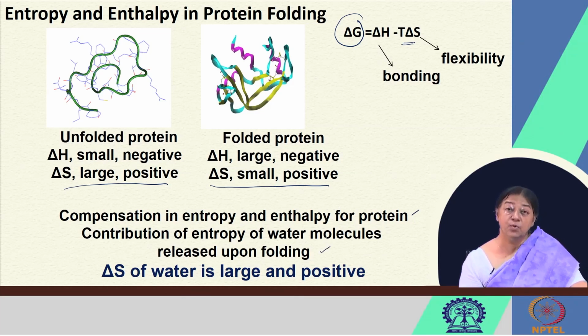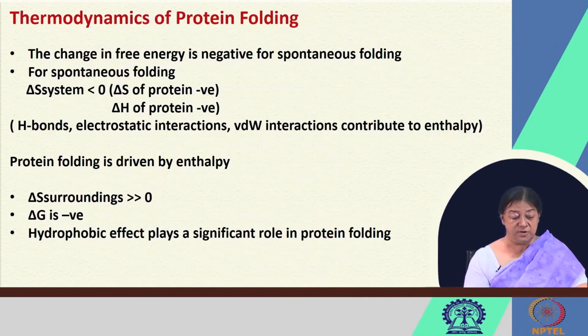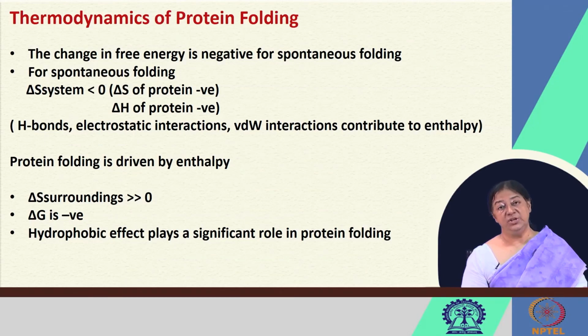So, the delta S of the water that we actually see, of the surroundings, is large and positive. So, all of this together is going to contribute to the overall delta G that we observe. So, if we look at the change in the delta G, or the change in the free energy, it is going to be negative for the spontaneous folding.